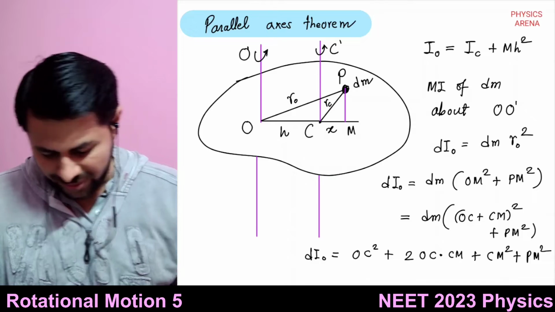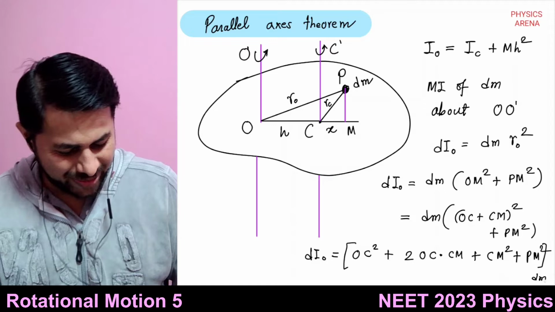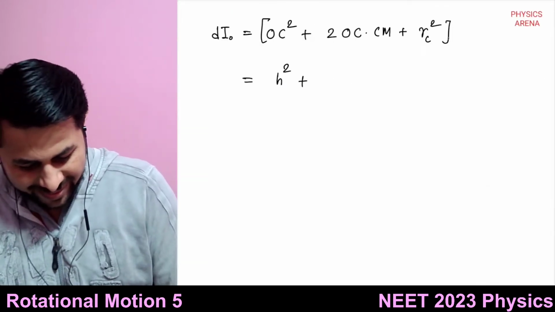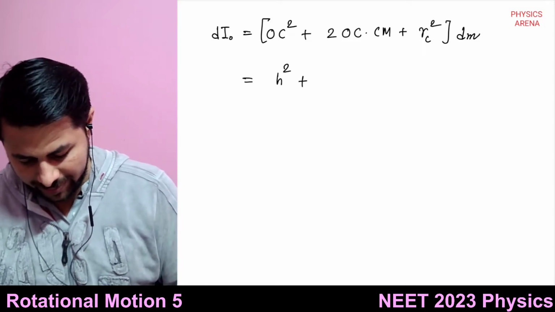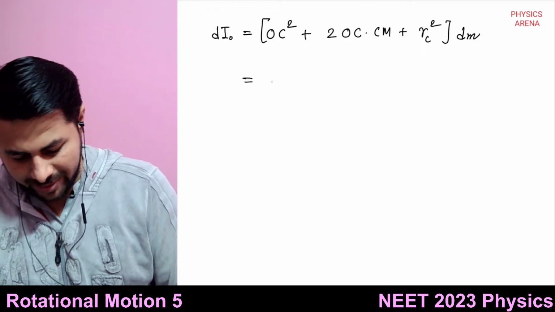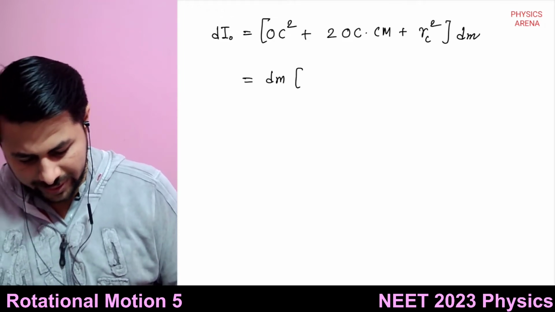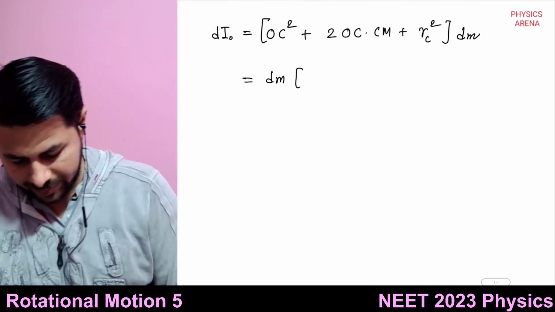Oh, I forgot this mass, right? I forgot dm. So everything is multiplied by dm. So we have dm multiplied by OC squared, which is h squared.